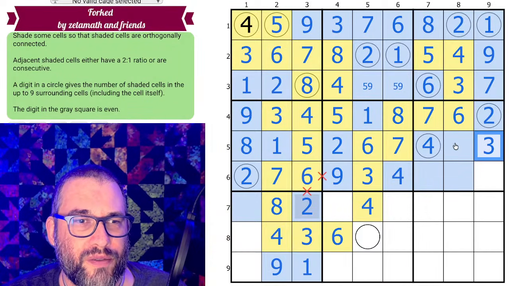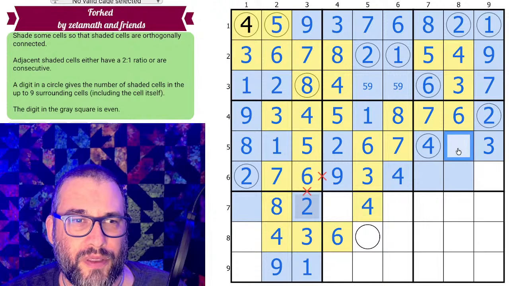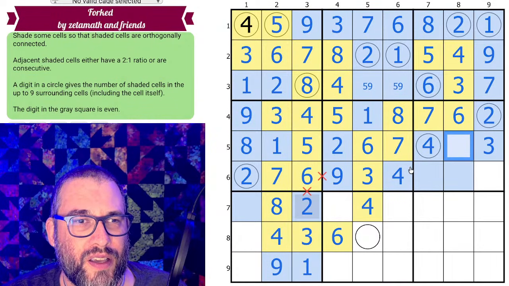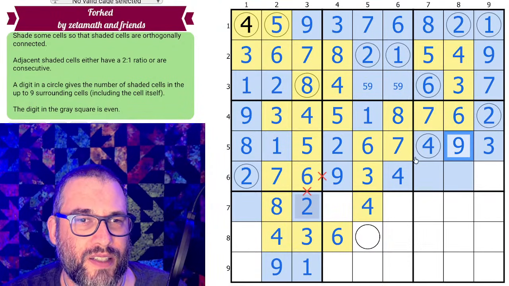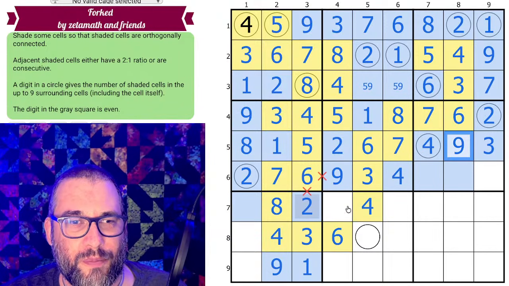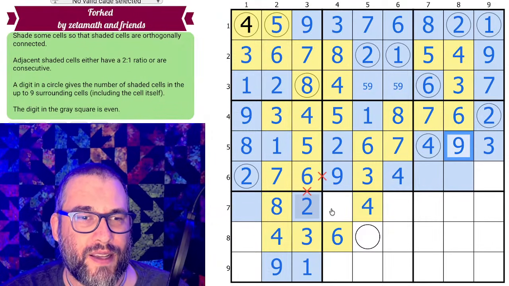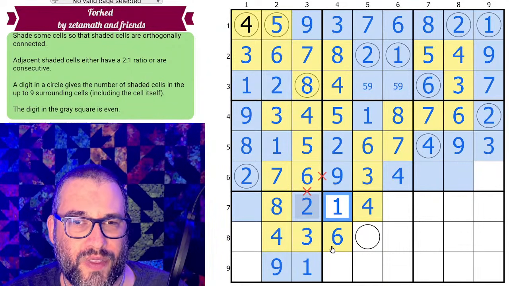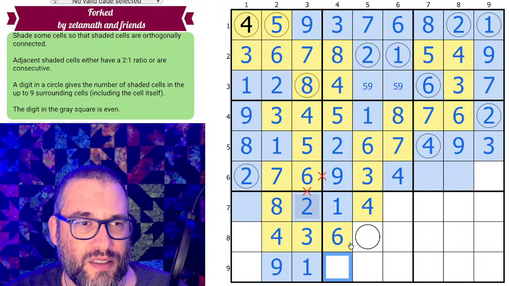3 in row 5 goes here. So we're doing it the old-fashioned way. So that's a 1, 2, 3, 4, 5, 6, 7, 8. That's a 9. So you're going to have to deal with my poor scanning. Let's see. This column still needs a 1, and it goes there, so that's not shaded.